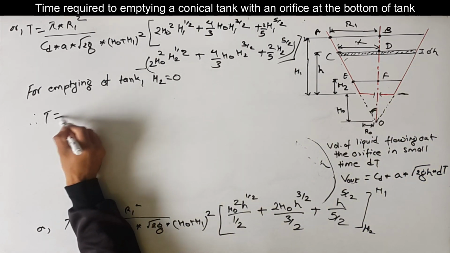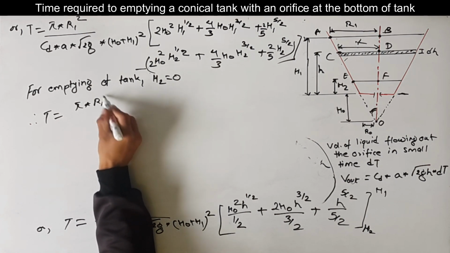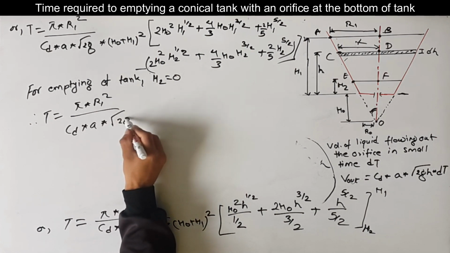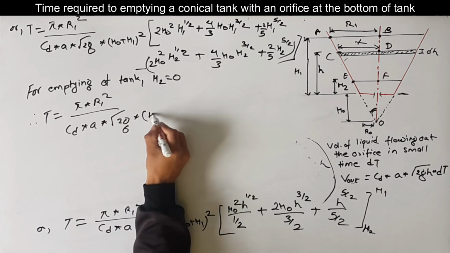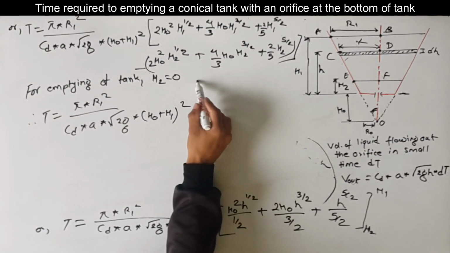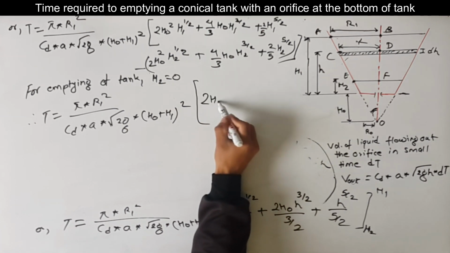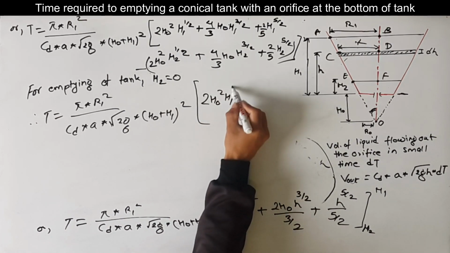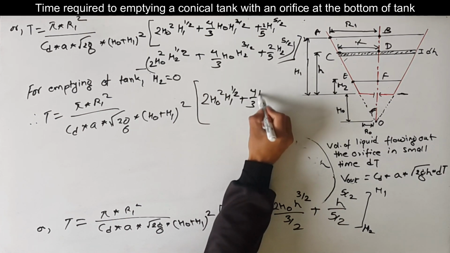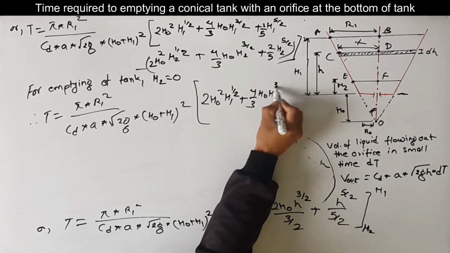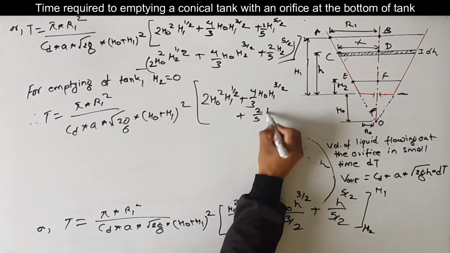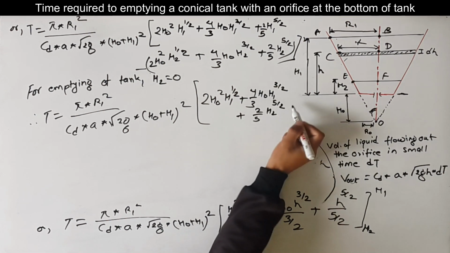Therefore, time is equal to pi into r1 square upon CD into A into root under 2g into h0 plus h1 whole square, into 2 h0 square h1 to the power 1 by 2, plus 4 by 3 h0 h1 to the power 3 by 2, plus 2 by 5 h1 to the power 5 by 2.